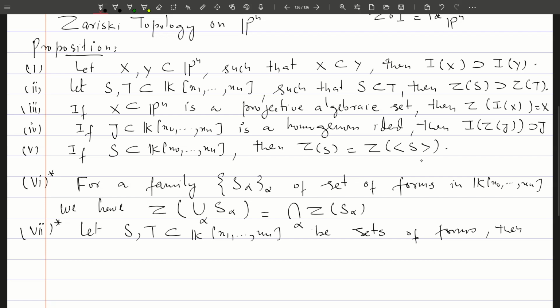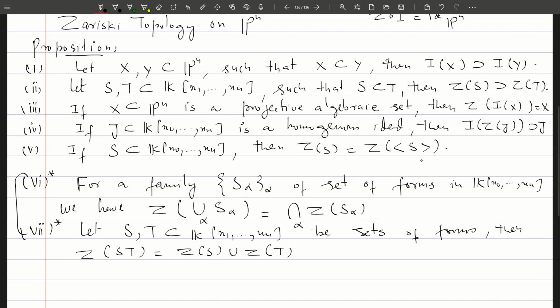Then the zero set of the product ST is actually the zero set of S union the zero set of T. So from these two items we see that arbitrary intersections and finite unions of projective algebraic sets are projective algebraic sets.